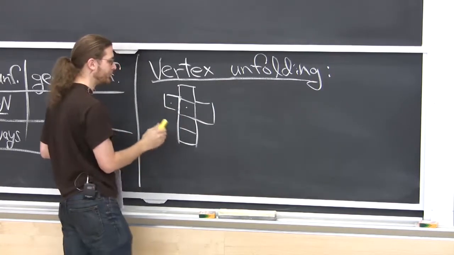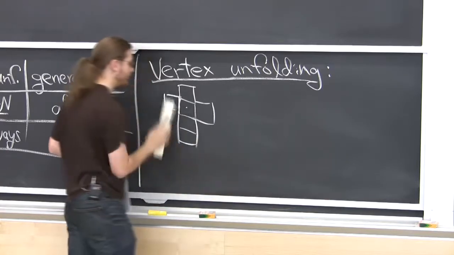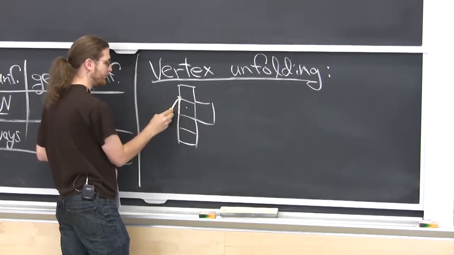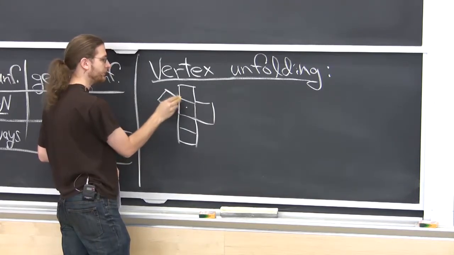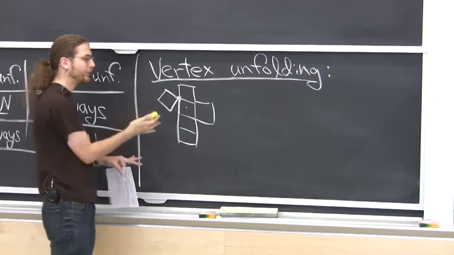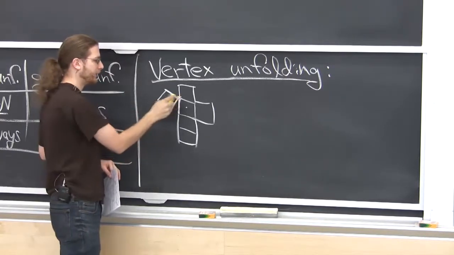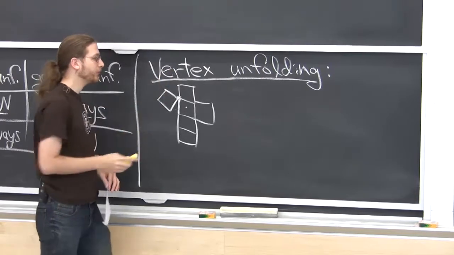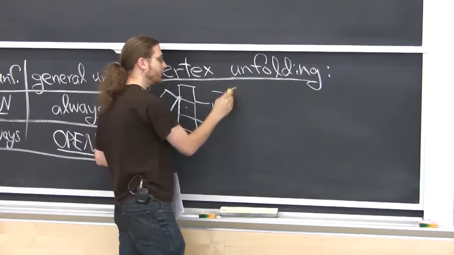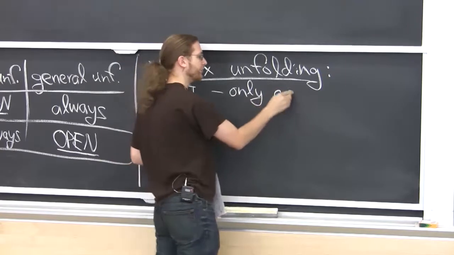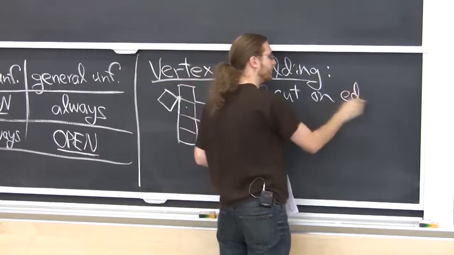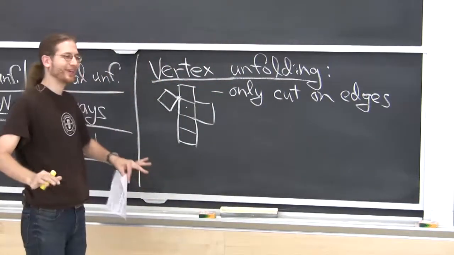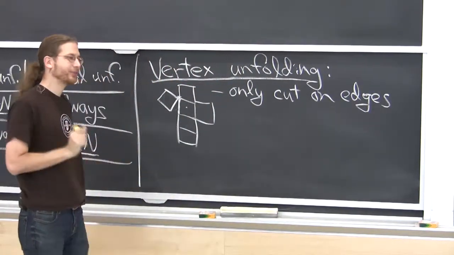But what if I allowed disconnecting along edges, but I just wanted things to stay connected along vertices, like at a hinge? So it still should be one piece in the sense that this is still connected. And in this case, I still want an edge unfolding. You're only allowed to cut on edges. And in fact, we will cut on all the edges because that'll be the most flexible. Every edge gets cut, but you're going to leave intact certain vertices.